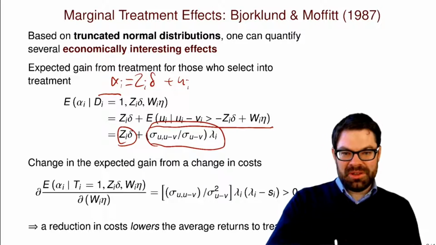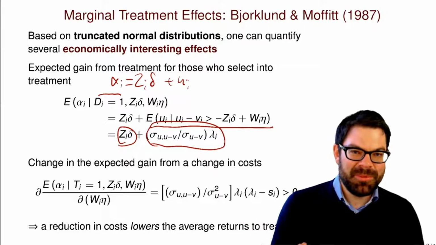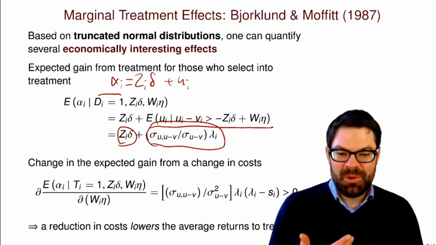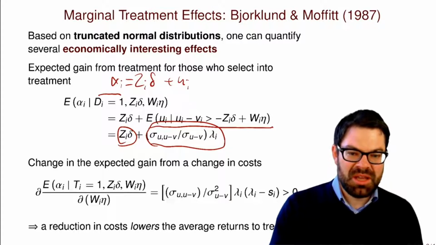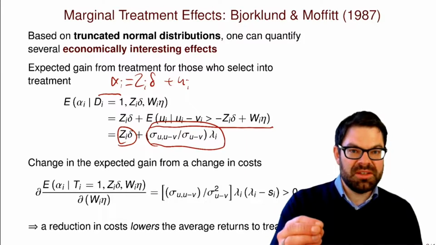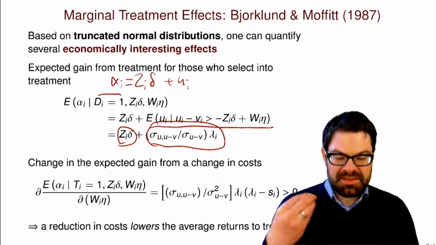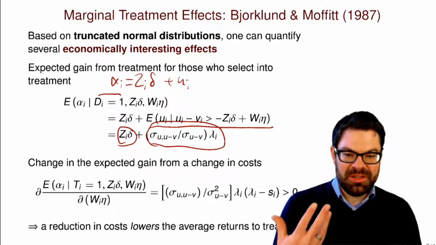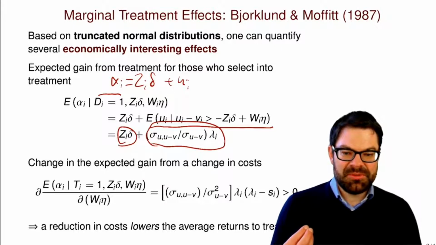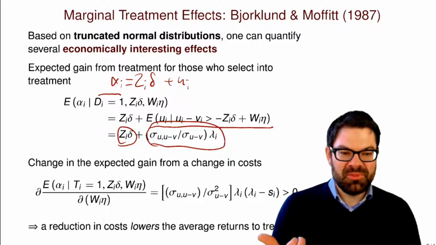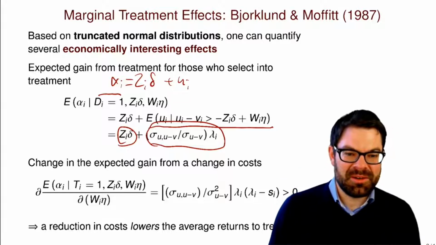Now we go one step further, because that average gain by itself is probably not so informative. What we rather want to know is, suppose we manipulate the costs of choosing to get treated. The costs of getting the treatment, that is W. Suppose we change W, then what we do here is take the first derivative of that expression with respect to W eta, which makes it all a lot easier.